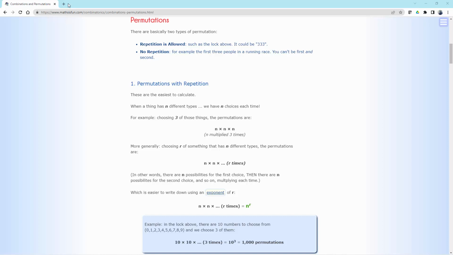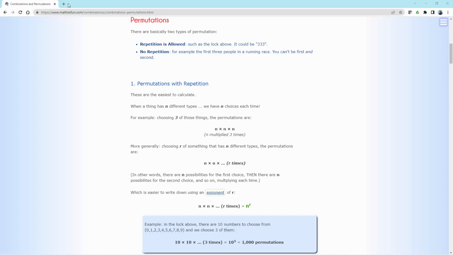And the third dial can be between 0 and 9, so we have 10 possibilities for the third value. So quite simply, in our example, it's 10 times 10 times 10, or 10 to the third power. So we get 1,000 permutations.